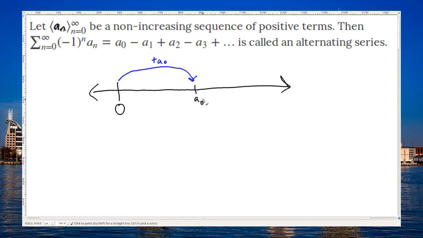So here's a_0. Then I'm going to subtract a_1, and because it's non-increasing, it's going to land somewhere to the right of that 0. So there's a_0 minus a_1.